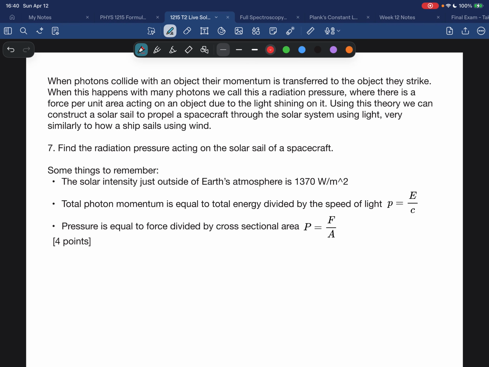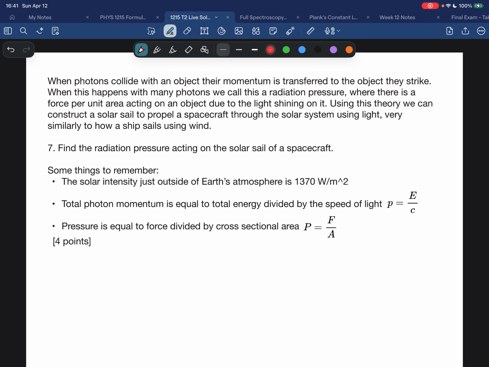This 1370 number is outside of Earth's atmosphere. So Earth's atmosphere absorbs some of the solar radiation, some of the light from the sun. So naturally it will be stronger outside of the atmosphere. So that's why this number is larger by a significant amount.